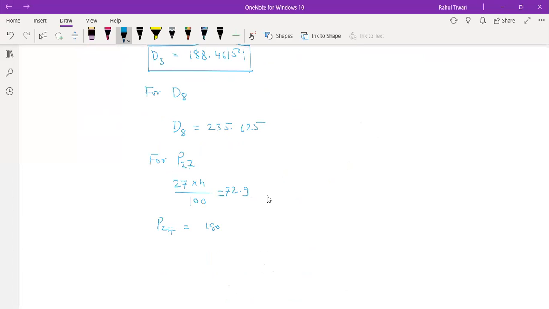180 plus 20 into (72.9 minus 59), whole thing divided by 52.